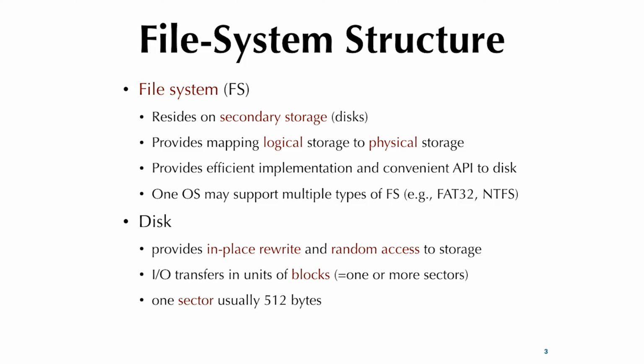That is, if you want to write over something, you're physically writing over that same sector or same physical storage. But for Flash, that's not always the case, and the file system takes care of that kind of mapping. Whichever it is, there's the unit of blocks or a basic transfer unit, and that may be one sector or multiple sectors.